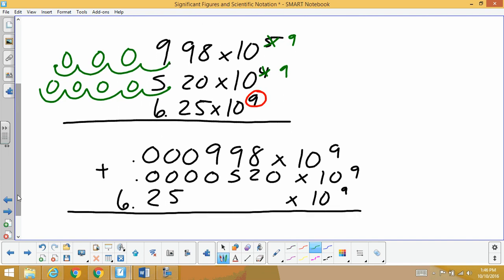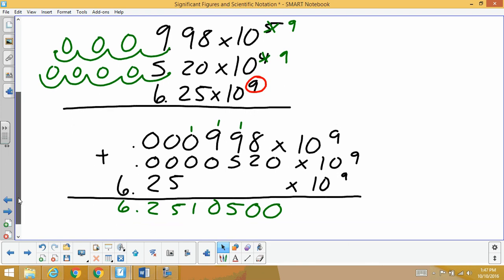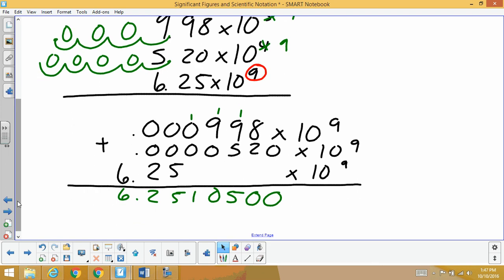If we add them up: 0, 10, carry that, that's 10 and 15. Carry that again, that's 0. Carry that, that's 1, 5, 2, and 6. So our number is 6.210500.